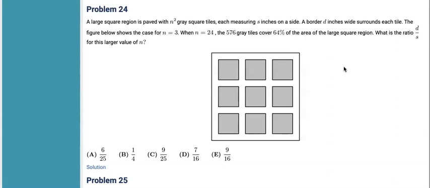Yeah, that sounds about right. So 30s is the length of the square. But what is the length of the square? That's just 25 times d plus 24 times s, because there are 25 holes. So 25d plus 24s is 30s. That means 25d is equal to 6s, which means my guessing method is horrible and the answer is just A.